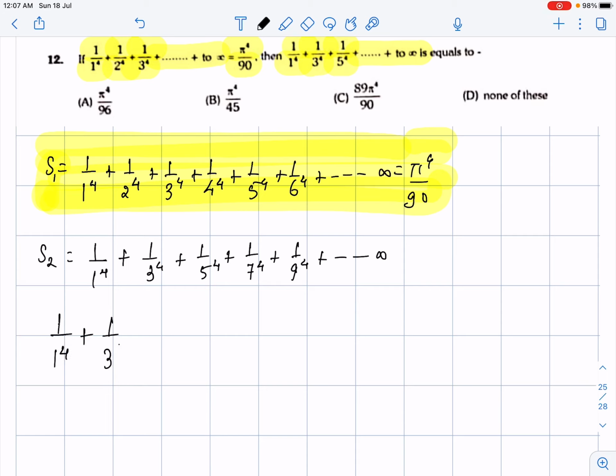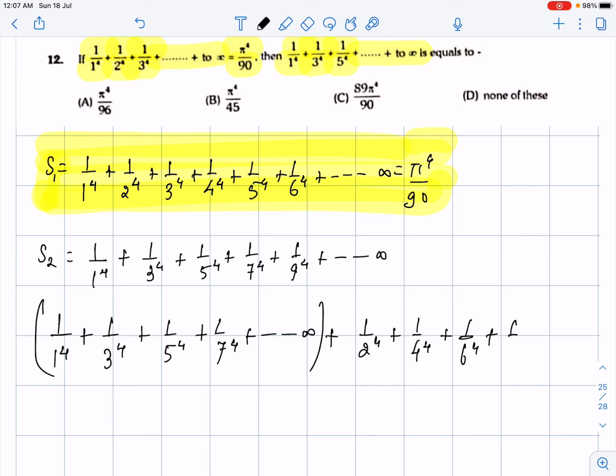So 1 upon 1 power 4, 1 upon 3 power 4, 1 upon 5 power 4 plus 1 upon 7 power 4 goes on up to infinity will be written separately over here, plus 1 upon 2 power 4 plus 1 upon 4 power 4 plus 1 upon 6 power 4 plus 1 upon 8 power 4 goes on up to infinity will be written separately over here, and that sum is becoming what? Pi power 4 by 90.